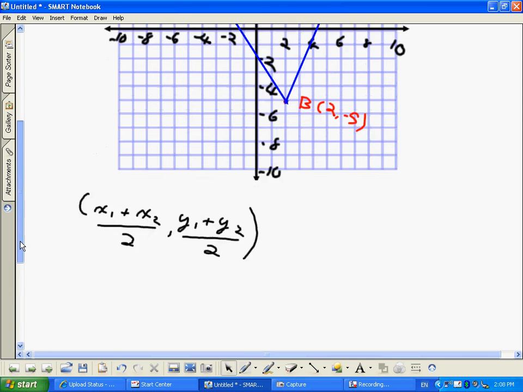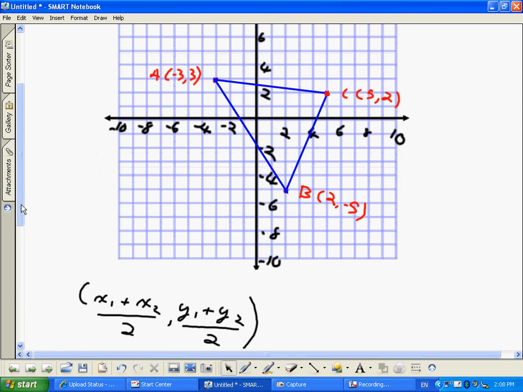Now, I need to find the midpoint of the opposite side of vertex C. That midpoint has to be somewhere between A and B, those are the two points we're working with. So we're going to call A our x1 and y1, and B our x2 and y2. That's why I'm putting numbers 1 and 2 there, just so you remember.